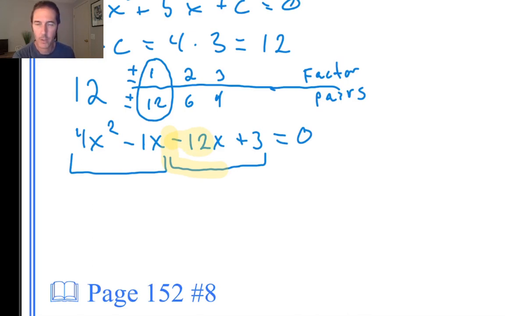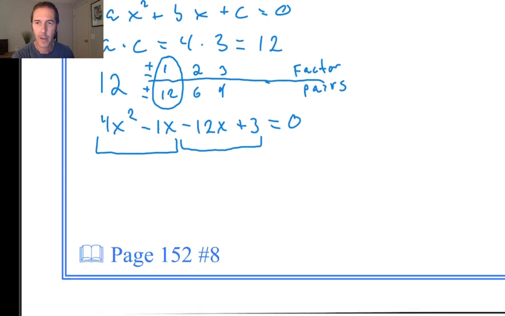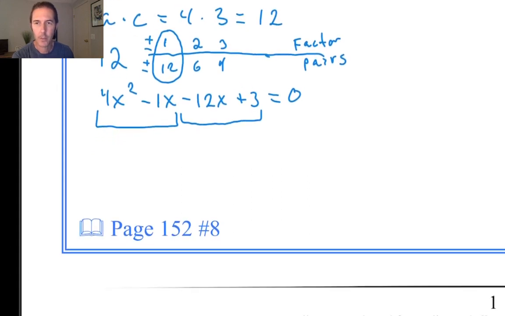I want to make sure that that minus sign to the left of the 12 is included in my second group. It seems a little overly particular, but as we're training our eye to help our mind see this process, being very precise and organized on paper will be helpful.